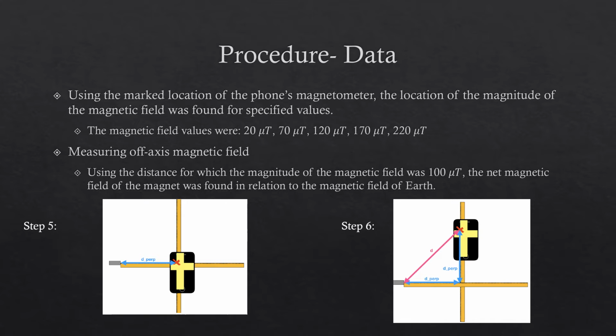In order to measure the off-axis magnetic field, we had to use the distance for which the magnitude of the magnetic field was 100 microteslas, and the net magnetic field of the magnet was found in relation to the magnetic field of the Earth. The two images shown below, steps 5 and 6, depict the way that the off-axis magnetic field was found. In this case, the two vectors, d_perp, created a right triangle. The resultant vector d is the total distance of the sensor from the magnet.